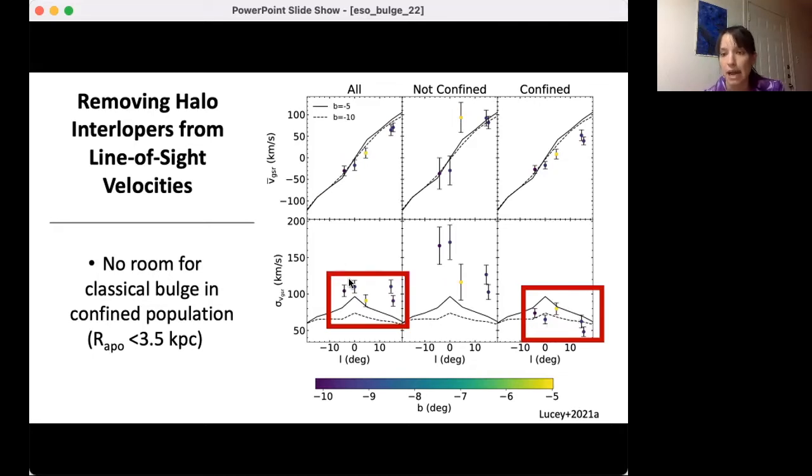It does match that boxy peanut bulge model when we remove the halo interlopers. Interestingly though, in the confined bulge stars we see a signature of slower rotation than what's expected in the Milky Way based off of what we see for the metal-rich stars.